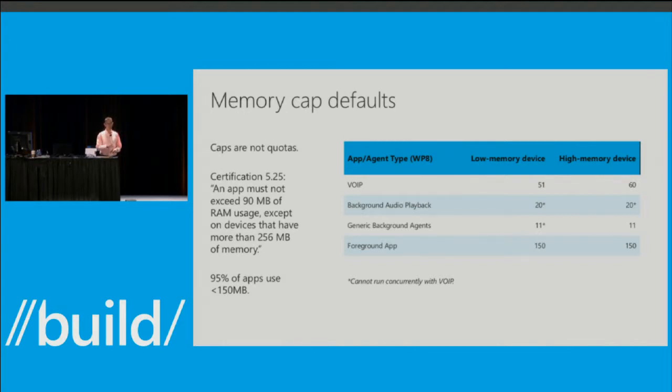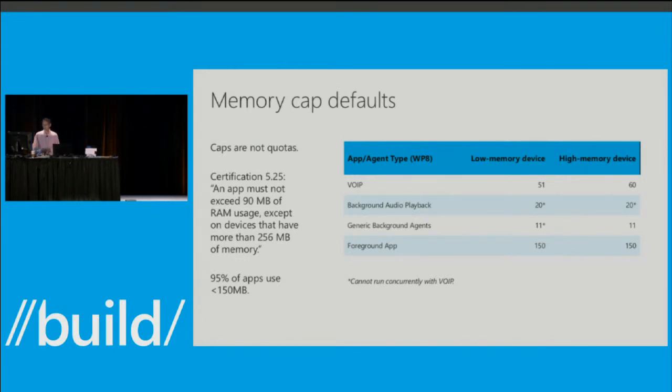It might drop it to a point that we would treat it as a 512 meg device instead. So raw physical memory isn't necessarily an indicator. Although, as I say, in practice right now, every single device does fit. It's either 512 or 1 gig plus, and it fits these low memory and high memory categories.